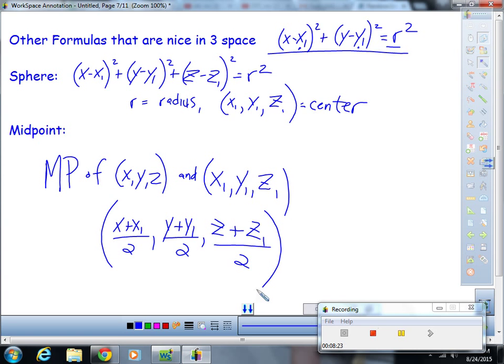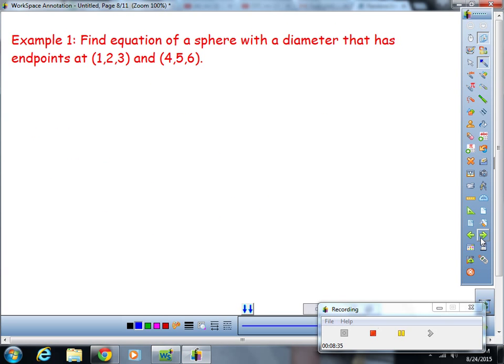Okay, so nothing has changed there. We've just added a variable. So, some of the cool little things that you're going to start discovering. Let's see, we got an example next. We do. Find the equation of a sphere with a diameter that has endpoints of 1, 2, 3.